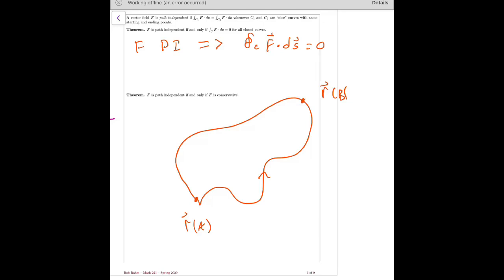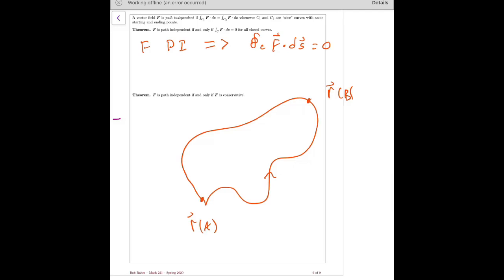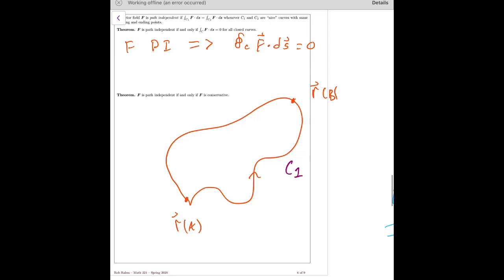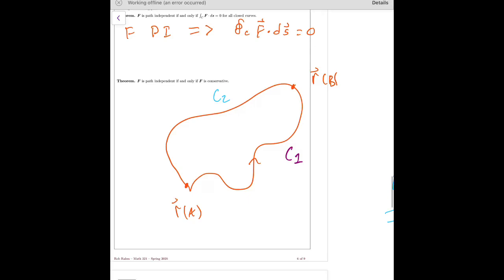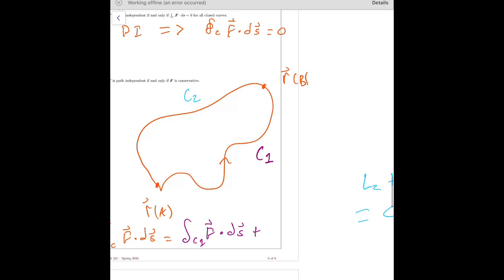So notice that we can split this path into two pieces. We have the path going from r of a to r of b. I'll call this C1. And then we have the path going from r of b to r of a. I'll call that C2. Now observe the following. The line integral of f over C is equal to the line integral of f over C1 plus the line integral of f over C2.